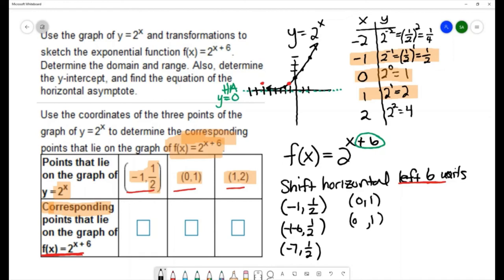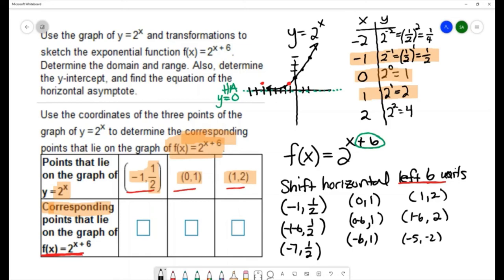The x-coordinate gets shifted left 6, and we have the ordered pair -6, 1. If you have trouble doing this in your head, use the picture of the graph to help you. And then we have 1, 2. The y-coordinate will stay the same, and for the x-coordinate, we subtract 6. It's -5, 2.